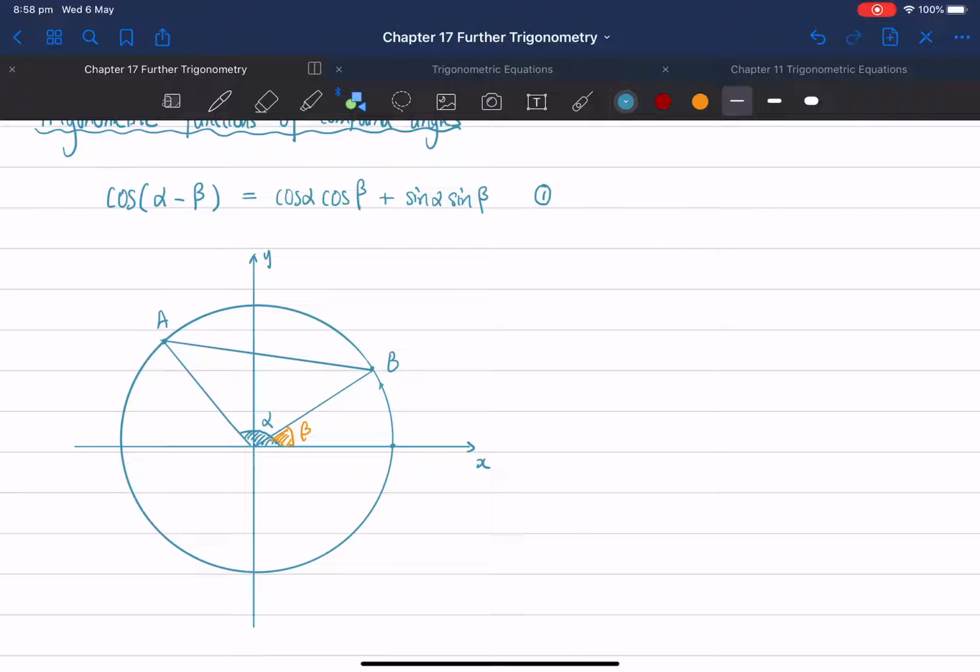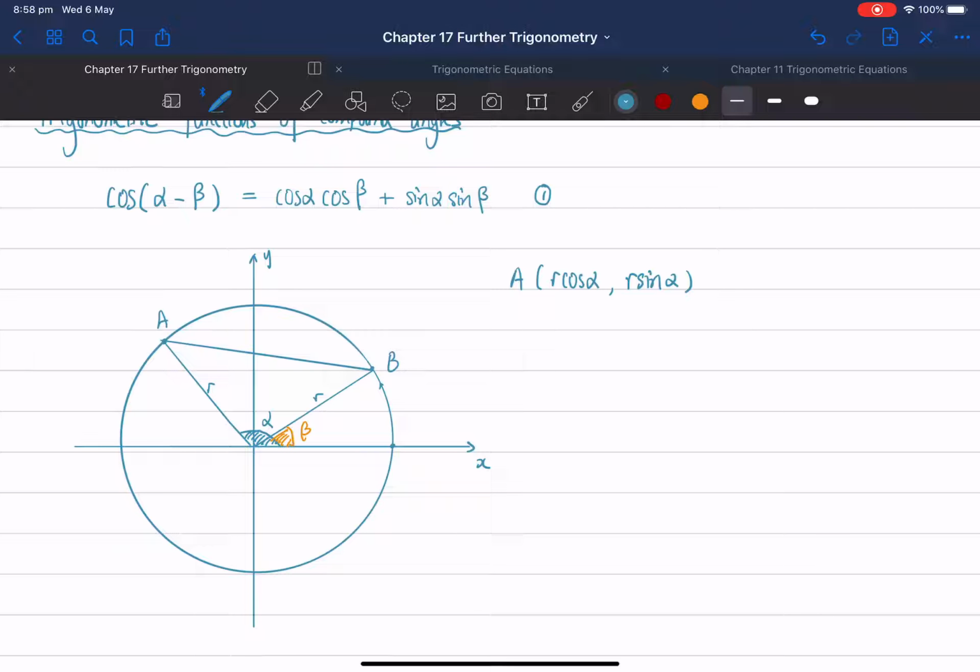So firstly, according to the trigonometry and the diagram, I would like to write down the coordinates of A. The coordinate of A is r, which is the radius, so I'll write down that the radius is equal to r. R cosine alpha, because the angle is alpha from point A, and then r sine alpha.